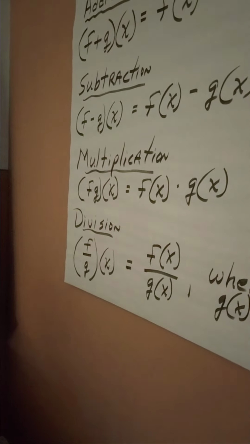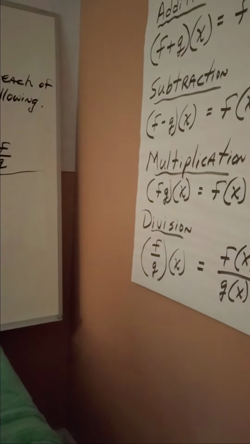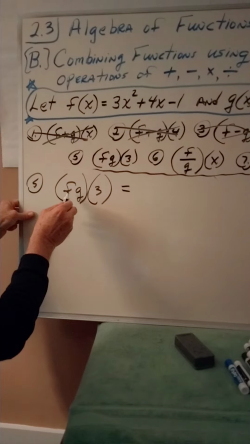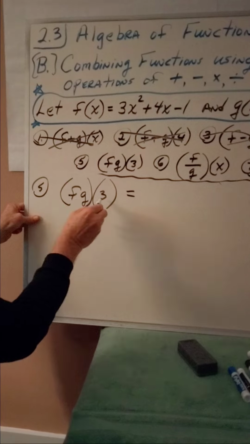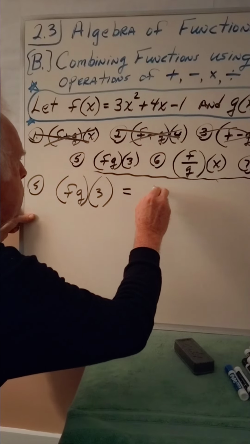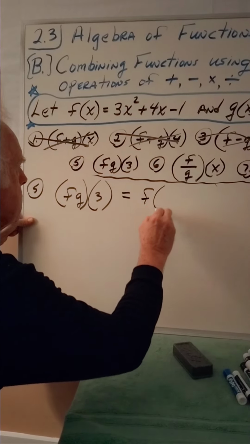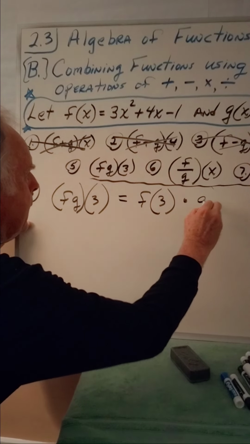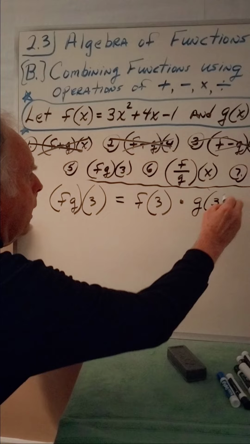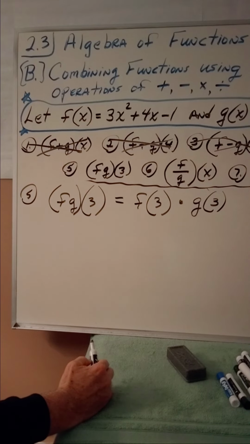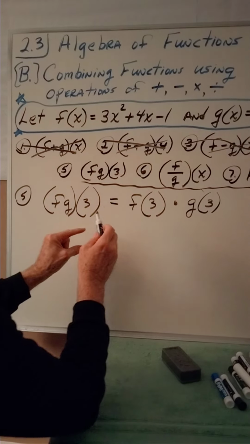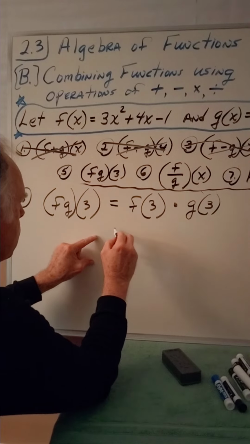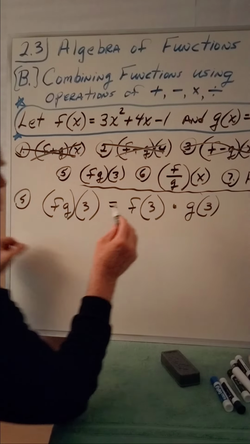So in place of the x on that right-hand side, we'll just go ahead and put a 3. So the value of f times g when the domain is 3 is equal to f of 3 multiplied by g of 3. And now we're going to do this.